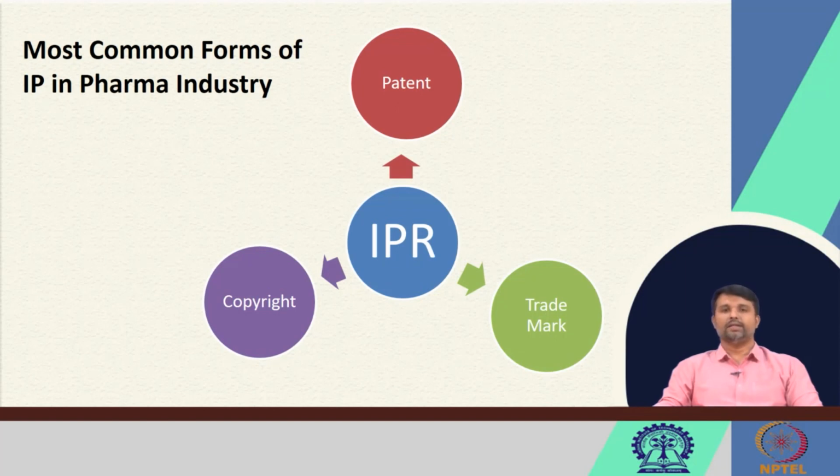But this does not mean that other forms of intellectual property rights are not used by the pharma industry. For example, the Design Act will be used to protect designs of various products in the pharmaceutical industry. Medical devices may have a design, pharmaceutical drugs may have a design which is not functional in nature.